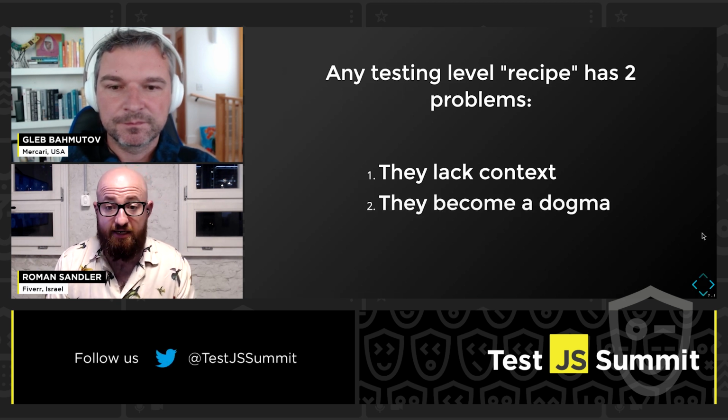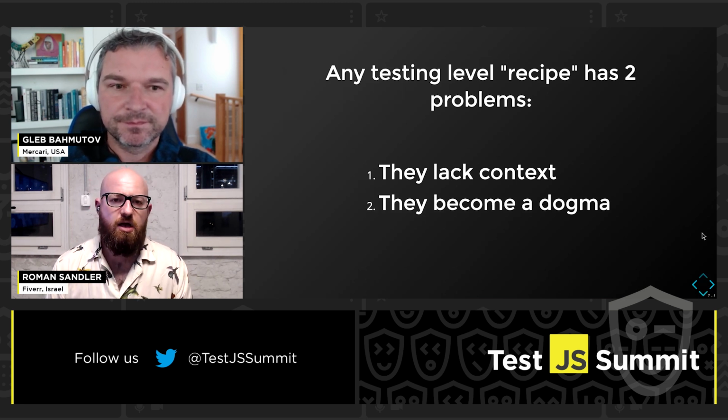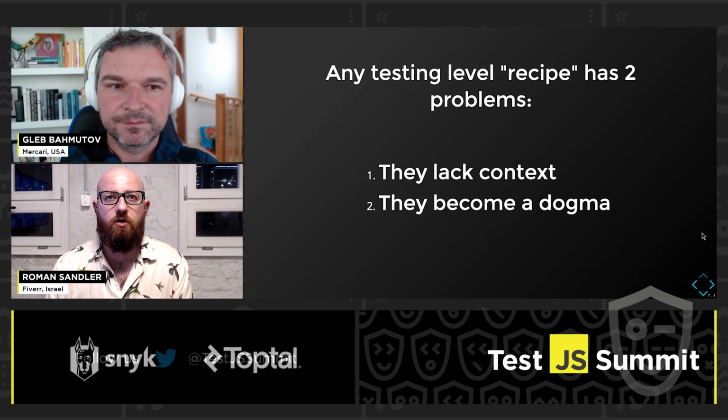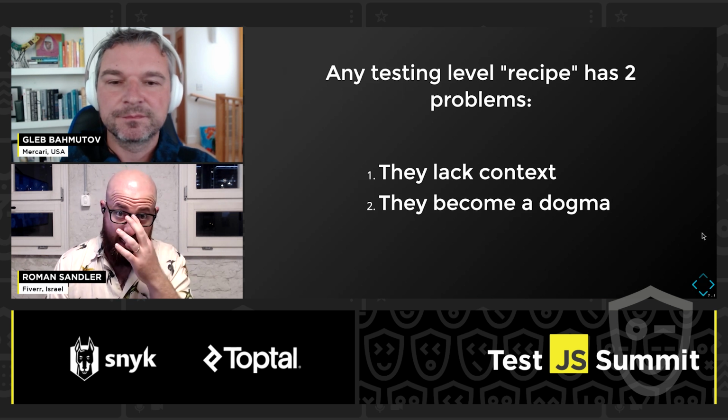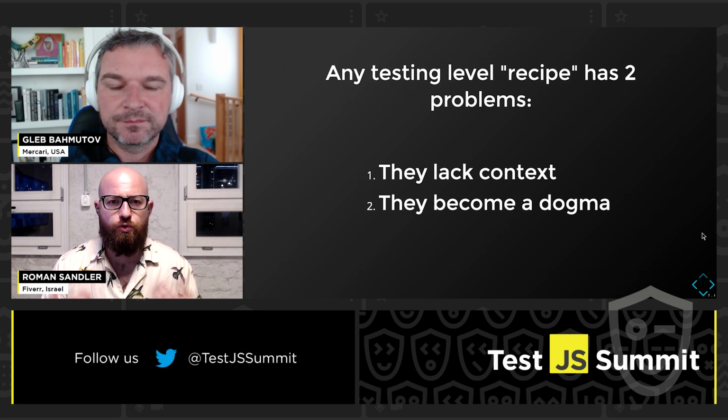And the second thing is they become a dogma. And to me, this is really a big one, because it makes it harder for us as a community, as an industry, to have a true, introspective conversation about how to do things, right?